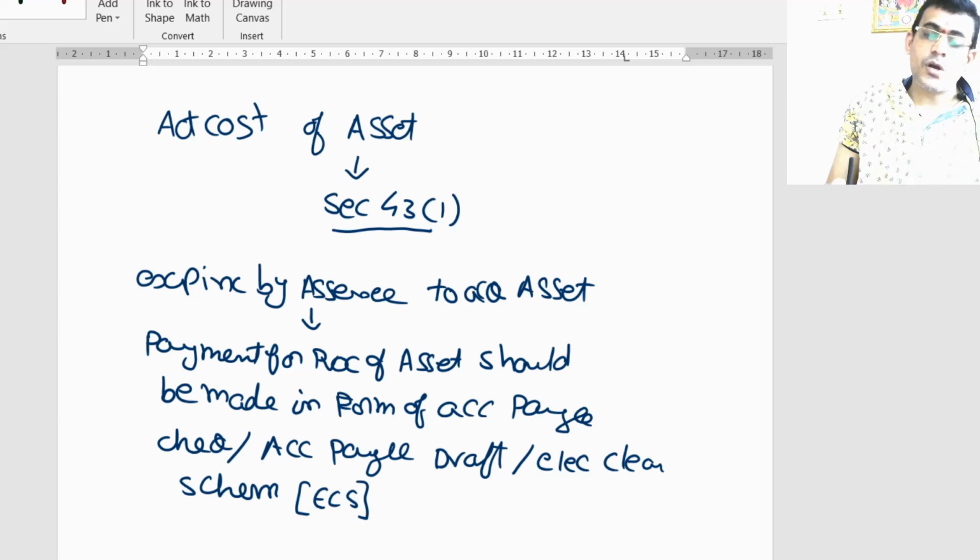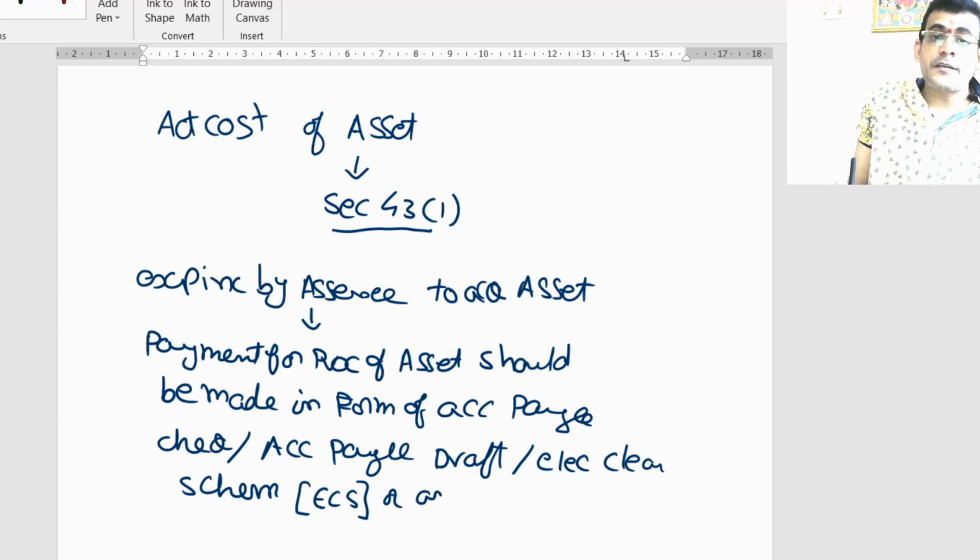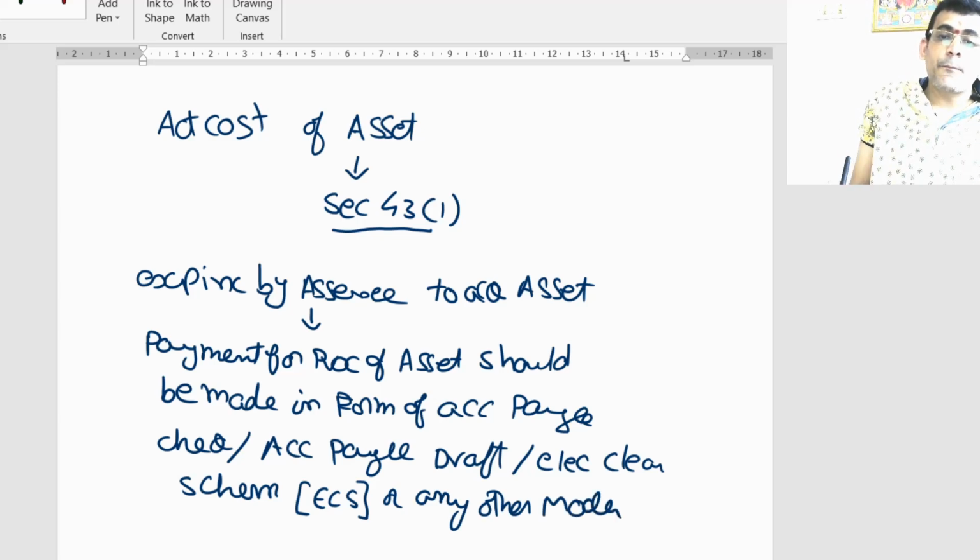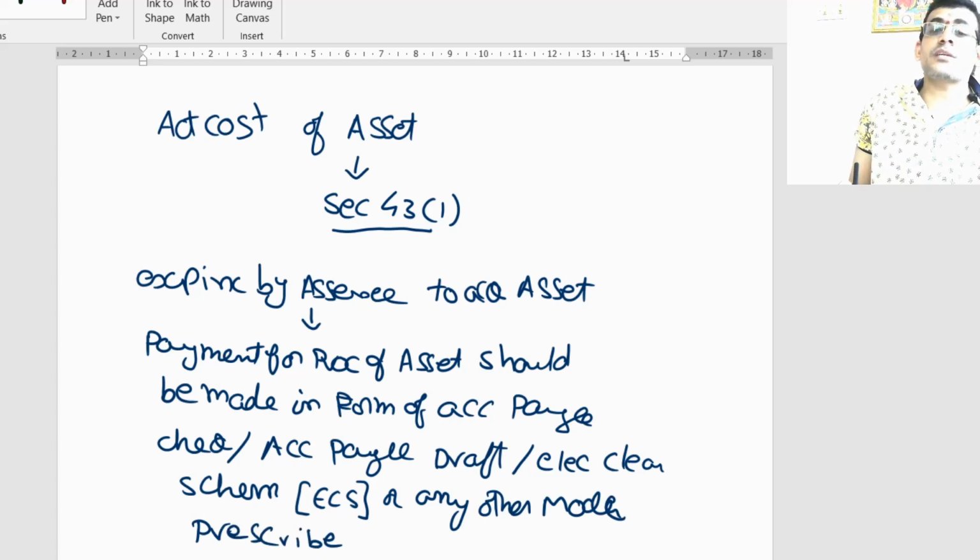Or any other mode which is prescribed. That means you are supposed to make a payment to the supplier only through cheque, that also account payee cheque, or account payee draft, or ECS, or any other mode which is prescribed.